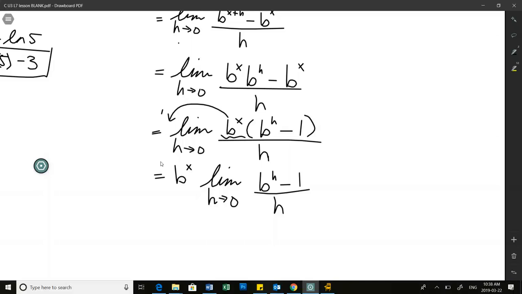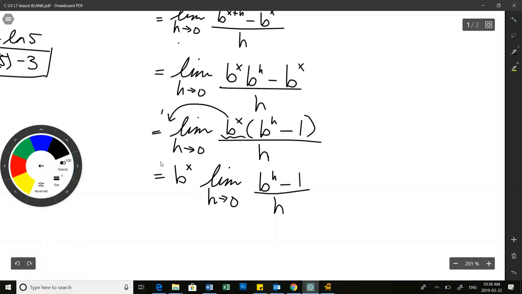That's kind of a problem for us because I can't just put this function in and see what it's approaching. It changes all the time as the b value changes. So for now I want to call this section of our function k.